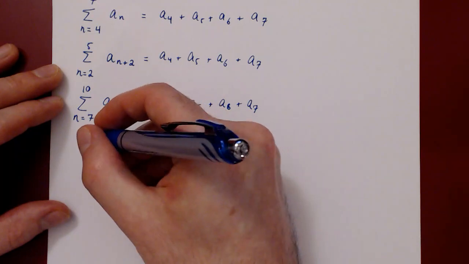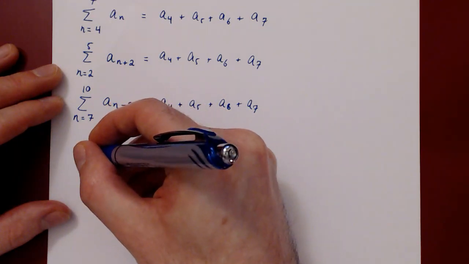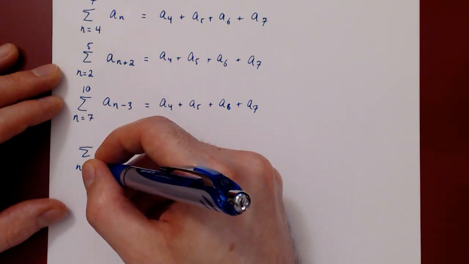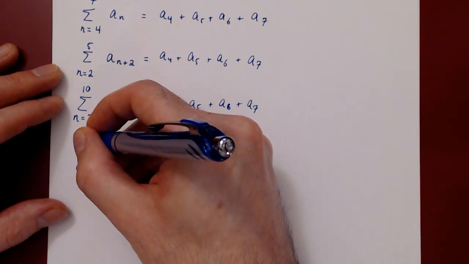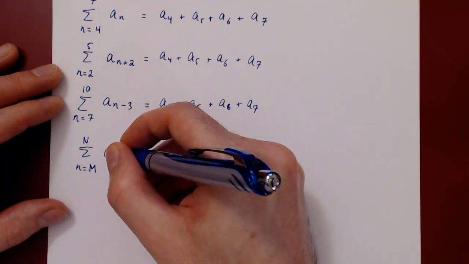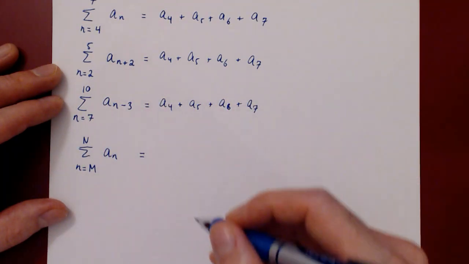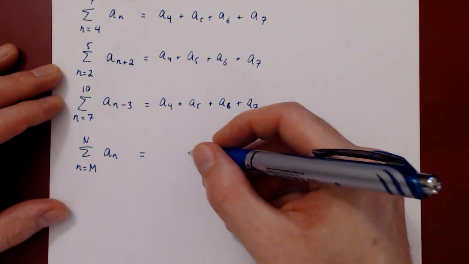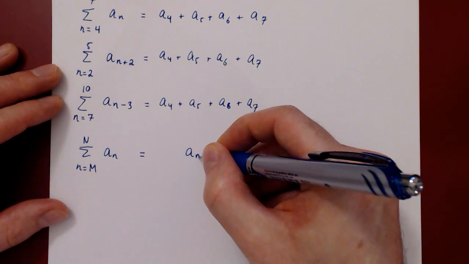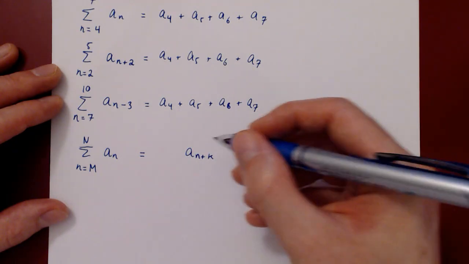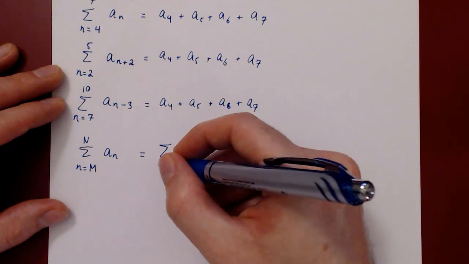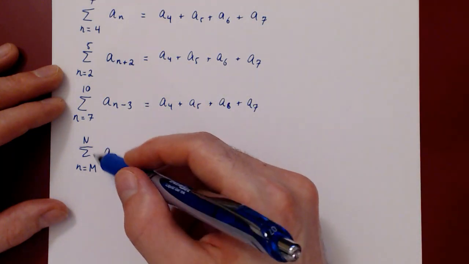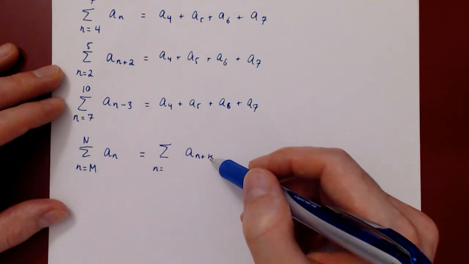We can now write this idea into a general statement. If you have a summation beginning at uppercase M and ending at uppercase N of a given sequence a_n, and you choose to translate the index of summation by k, so a_(n+k), to cancel off this translation, you have to translate the bounds of summation down by k.